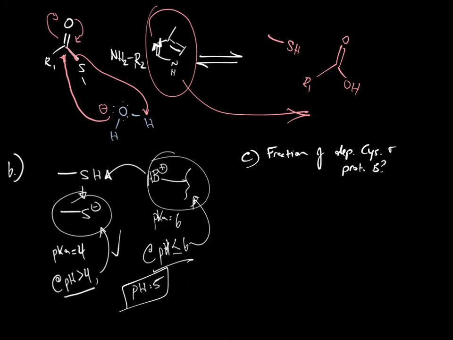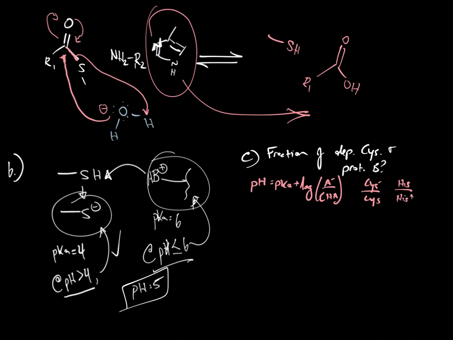So the way we would set this up is we would have that the pH is equal to the pKa. We know that this is the Henderson-Hasselbalch. So pH is equal to pKa plus the log of the conjugate base over the original acid, or over the protonated form. So it would either be cysteine negative over cysteine, or it can be histidine over histidine positive.